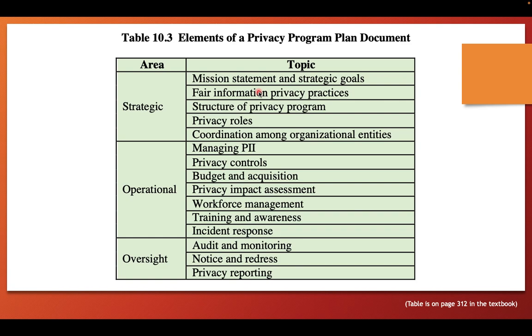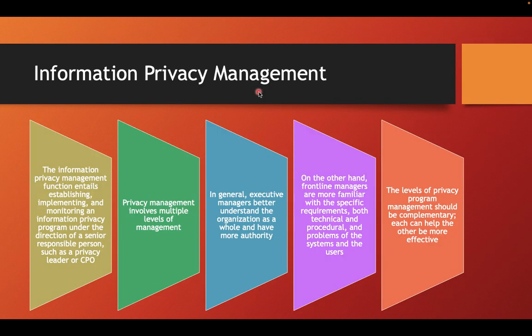When you look at the operational, you look at managing personally identifiable information, privacy control, budget and acquisition, privacy impact assessment, workforce management, training and awareness, and all of these things. Then for oversight, you talk about audit and monitoring, notice and redress, and privacy reporting. So these three areas are the key elements of the privacy program plan, okay, and they must be maintained in your system. And let's move on quickly.